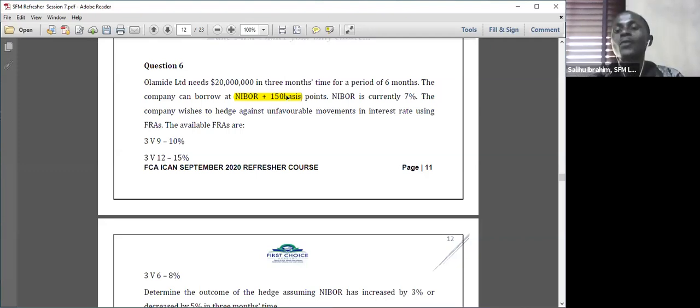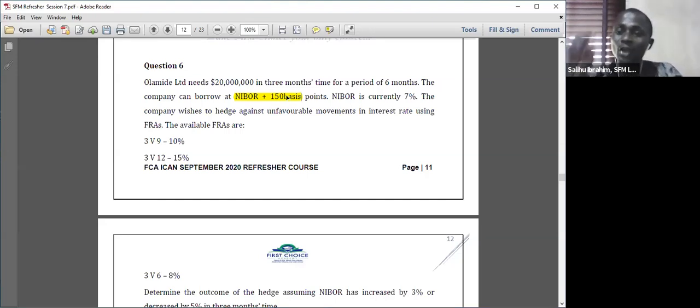You understand? So that whatever happens to interest rate on that date is no longer my concern. That particular strategy is what we call forward rate agreement, and it's a binding contract. Once you enter into that contract, you cannot back out of it.